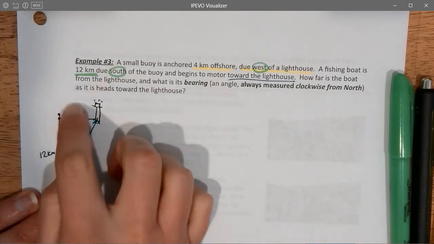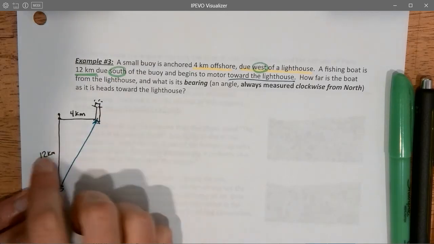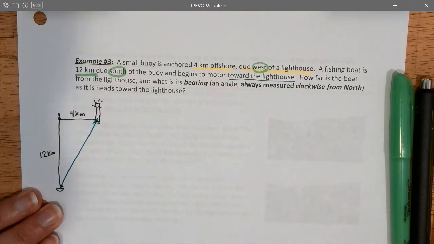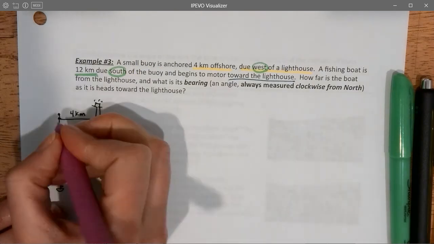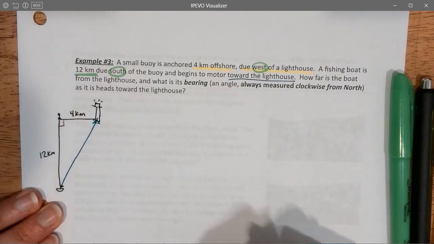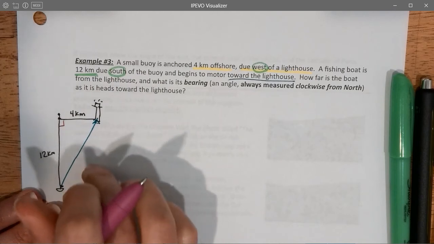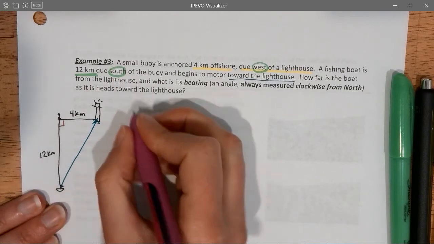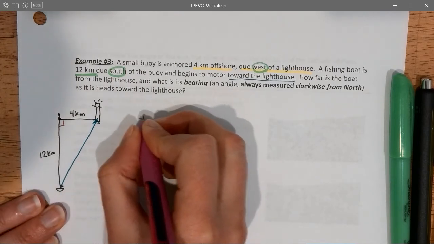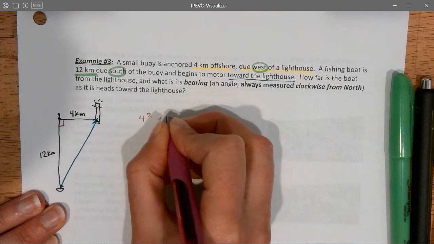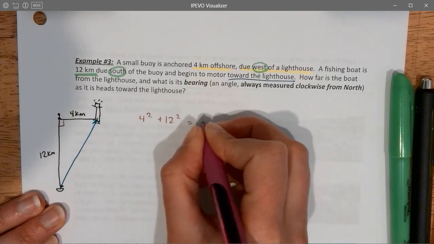So the distance now, I can find it with the Pythagorean theorem, because this is a right triangle. Since we were directly west and directly south, there's a 90-degree angle right there. So the Pythagorean theorem is going to get me the how far. So we'll use that right now. We have 4 squared plus 12 squared equals c squared.